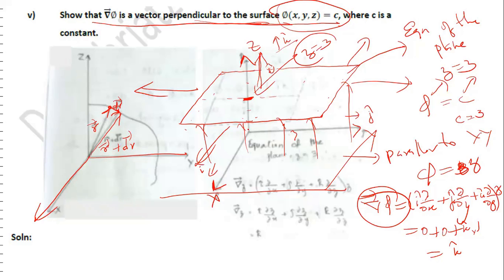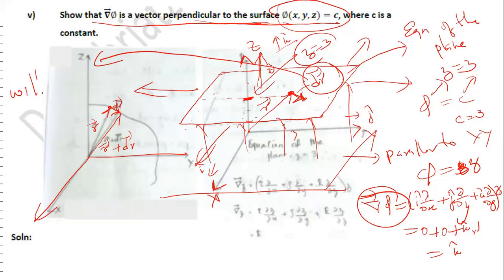Similar to that, now if you represent any point on the surface using this position vector r, if you move from one point to another point on this surface, this is, let's say, your dr. Your dr vector will lie on the surface of the plane.